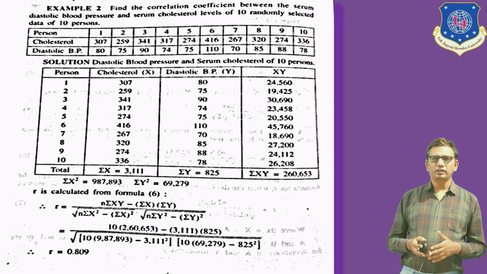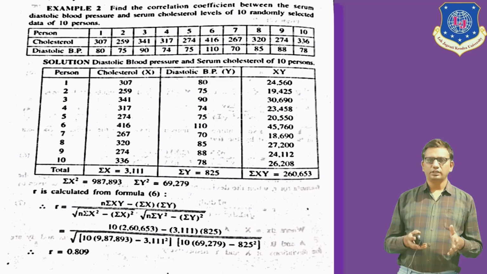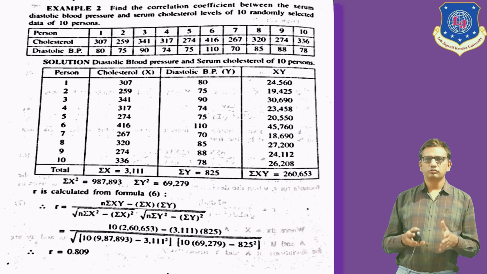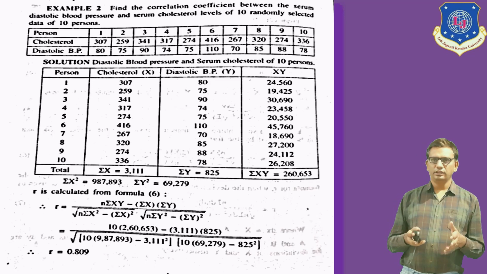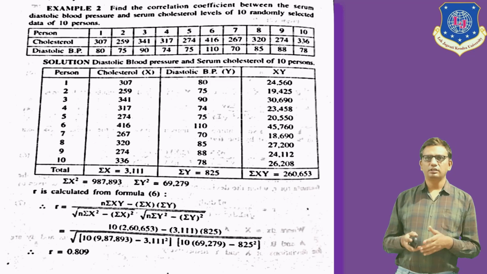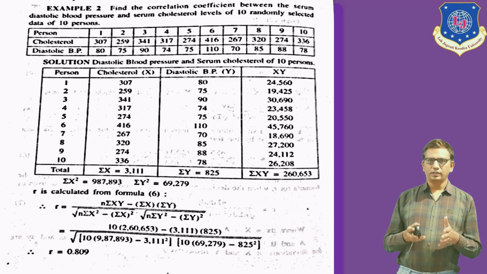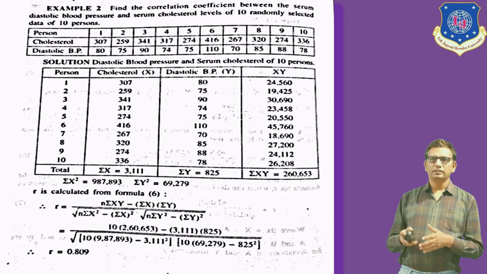Sigma x square is calculated below the table, and sigma y square is also calculated below the table. So we can rearrange the table as x square, y square, x into y.